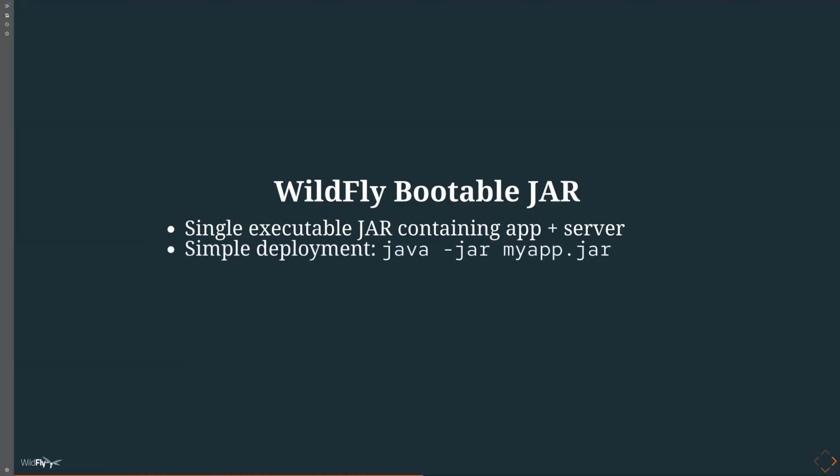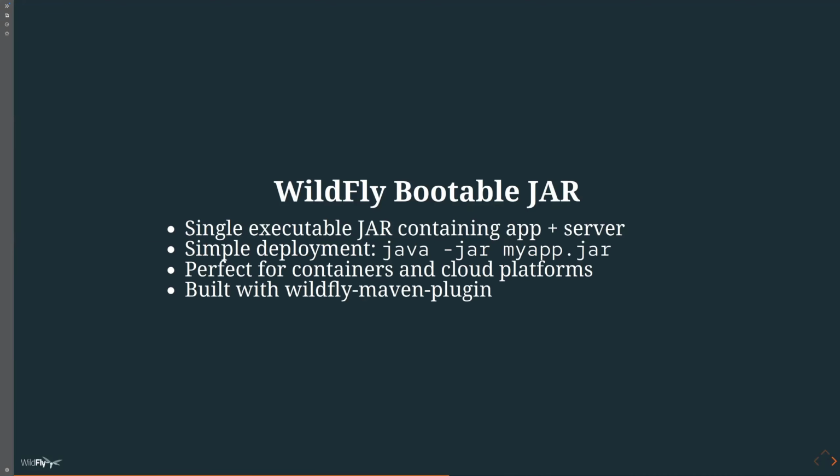And you effectively just run it with java -jar myapp.jar. It's really good for containers and platforms like that because you just have this single thing that you deploy. And it's built with the WildFly Maven plugin.